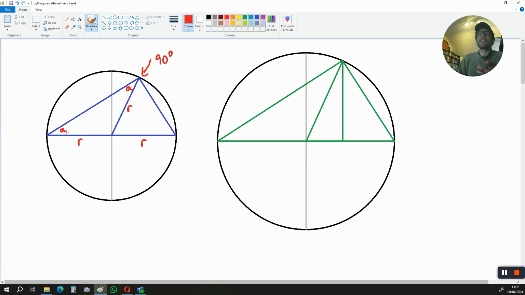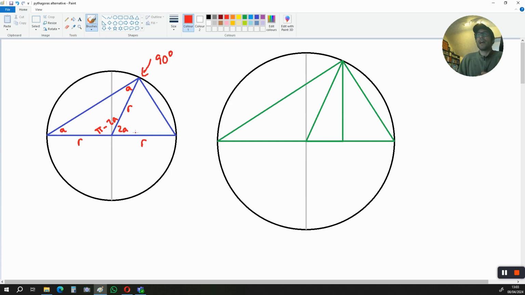If this angle is A and this angle over here is A, then this angle over here in radians is going to be pi minus 2a. Because halfway around the circle, it's 180 degrees, or pi radians, it means this angle over here is going to be 2a.